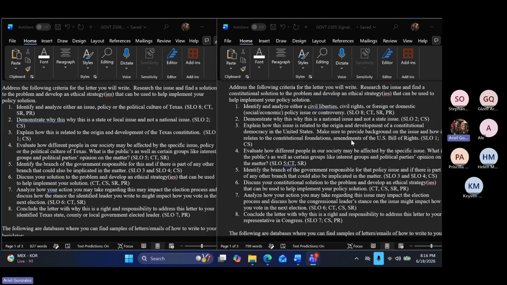I'm assuming that a good majority of y'all live in the Valley. But you're all familiar with those checkpoints, right? Let's say you're going north on 281, and before you get to Falfurrias, you have to go through the checkpoint, right?